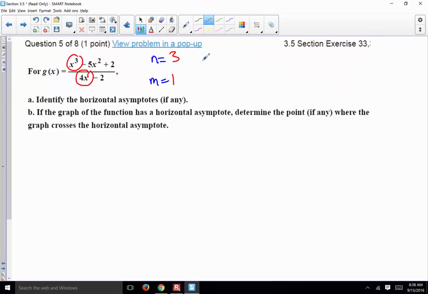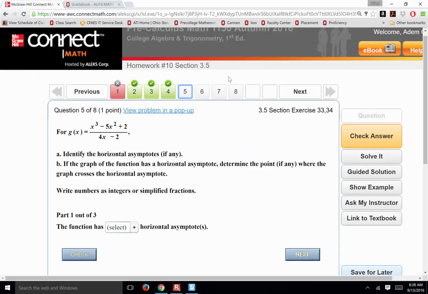Question is over. What is the verdict? What's the conclusion? No horizontal asymptote. That was easy, right?